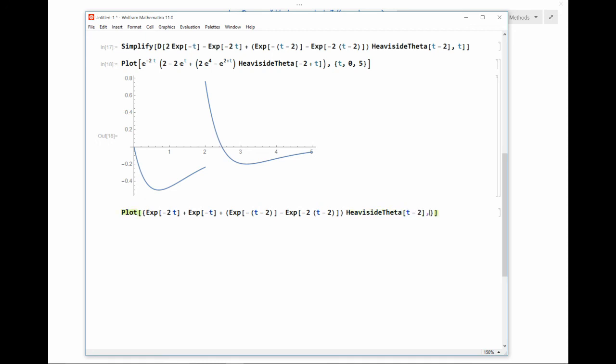That's the first component. The second component is e to the minus t plus e to the minus t minus 2 times the Heaviside function of t minus 2.